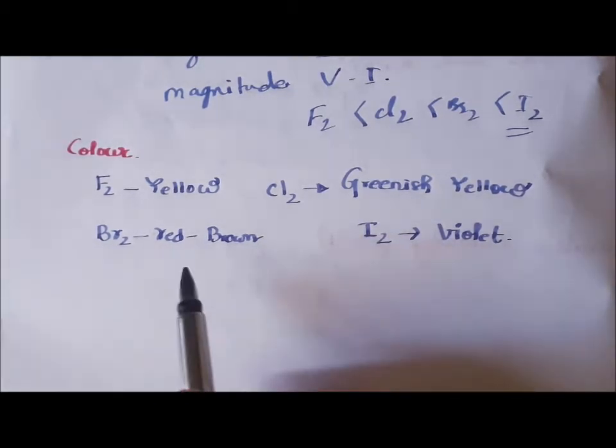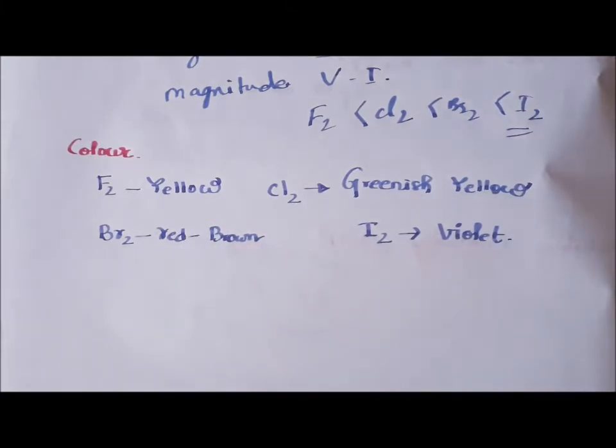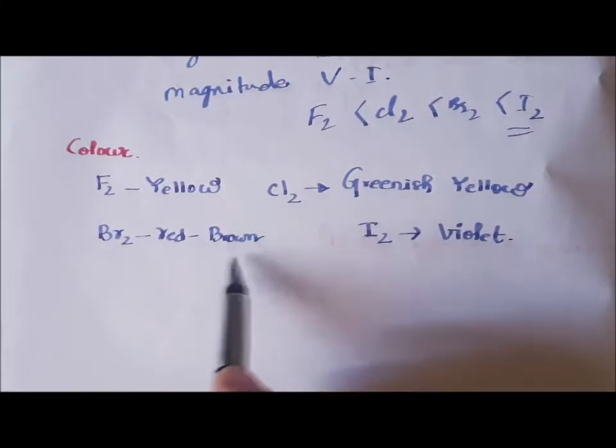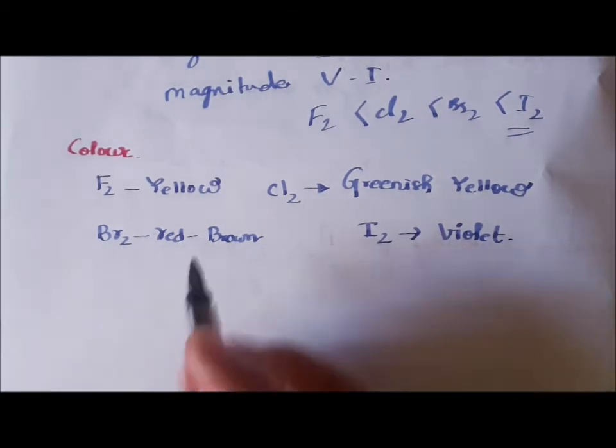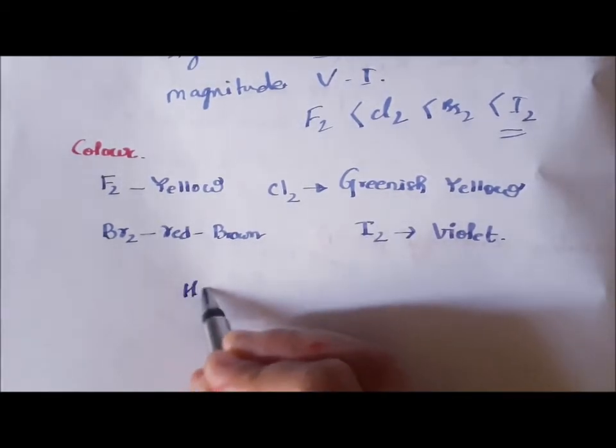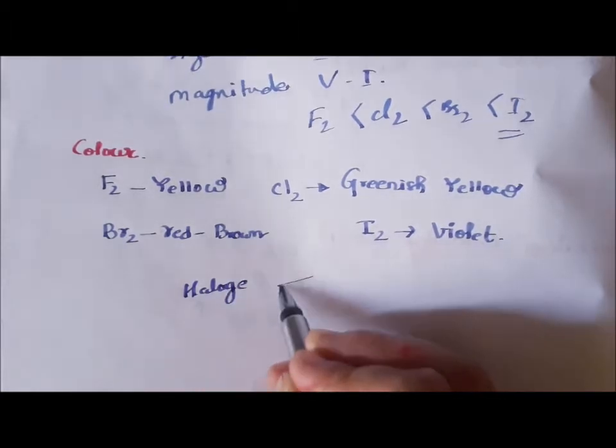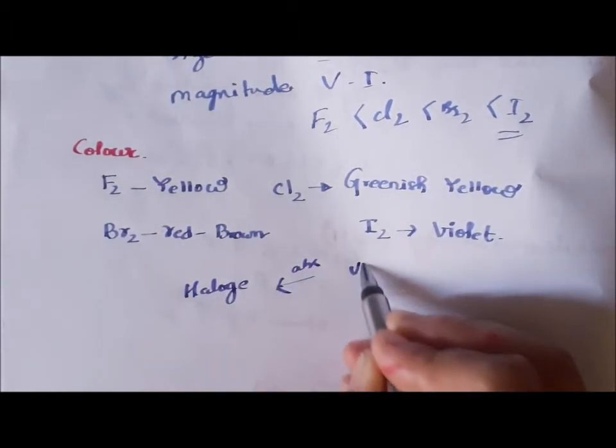Next is the color of halogens. Fluorine is yellow in color, chlorine greenish yellow, bromine red brown, and iodine is a violet solid. That means halogens exhibit color. Now, what is the reason for the color of these halogens? The reason is simple. Halogens absorb energy from the visible region.